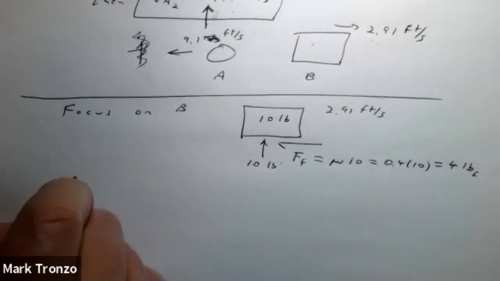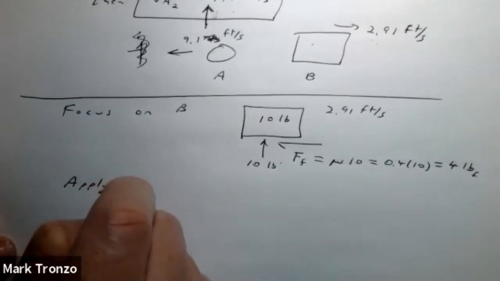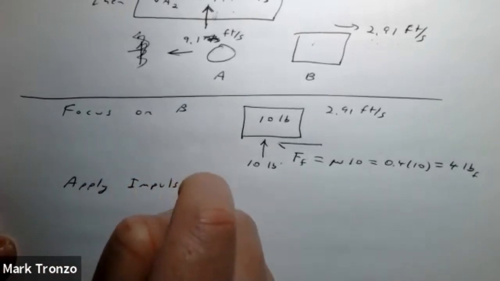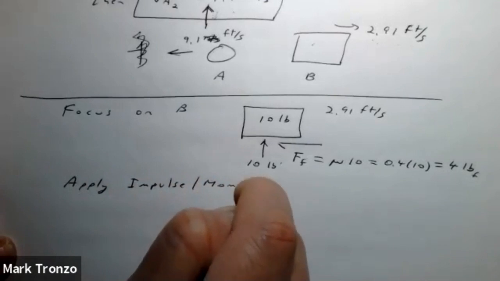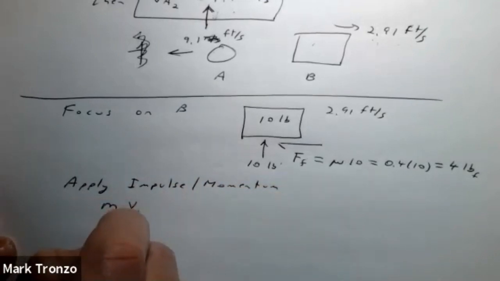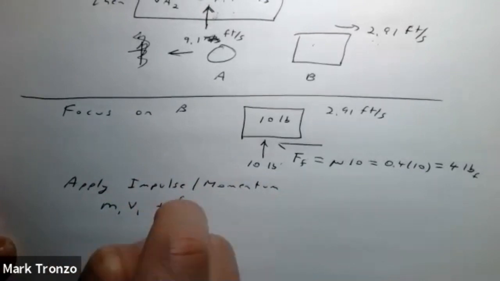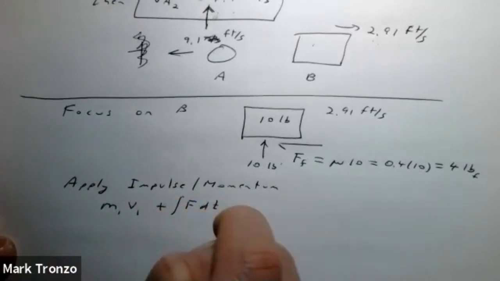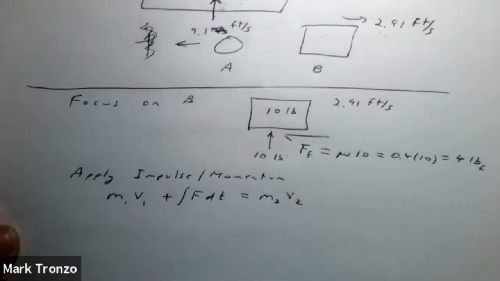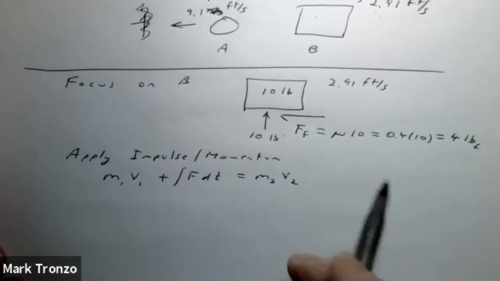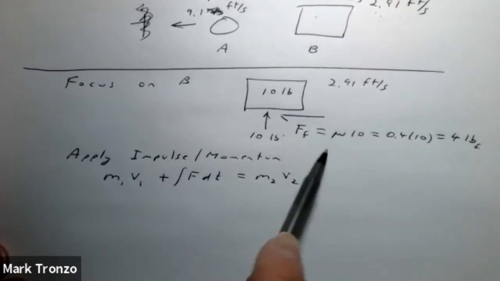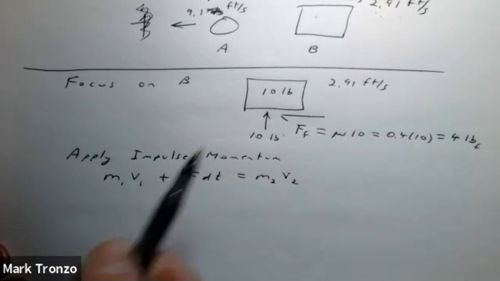So if we apply impulse and momentum, remember that's M1 V1 plus the integral of F dt equal M2 V2. But notice the only force is friction and it's constant, right? So we really don't have to use the integral.